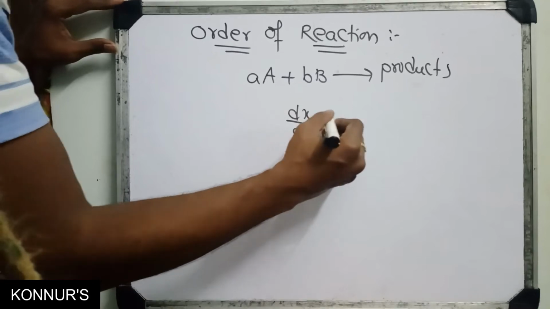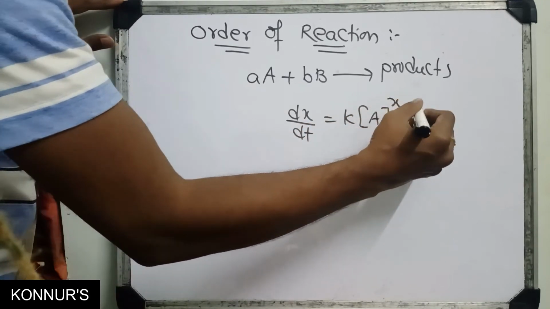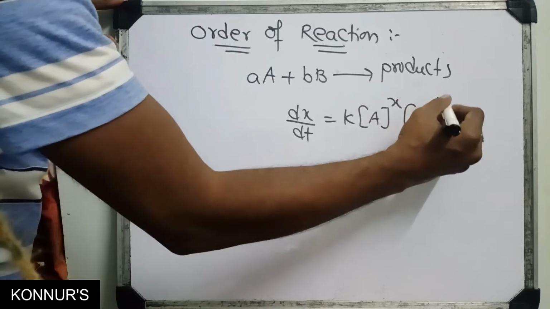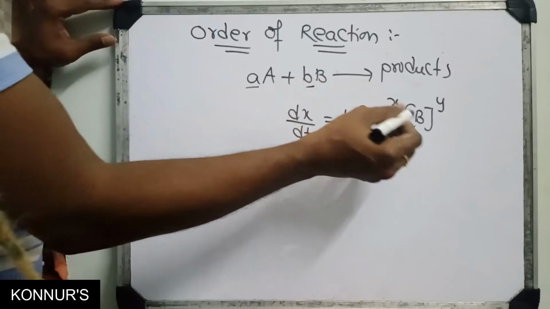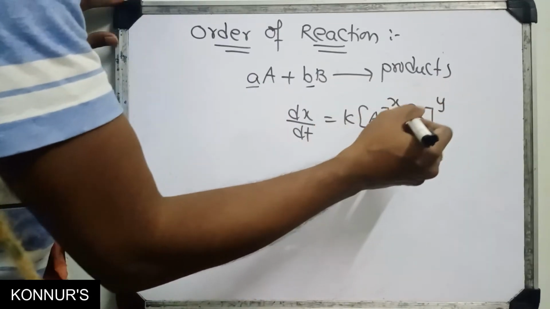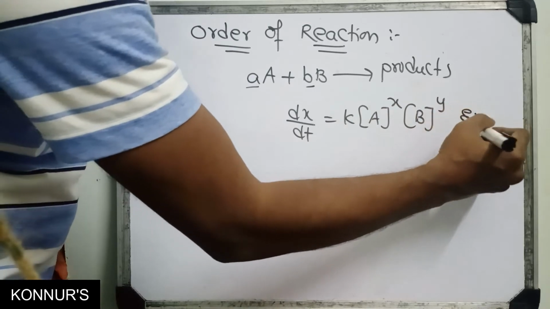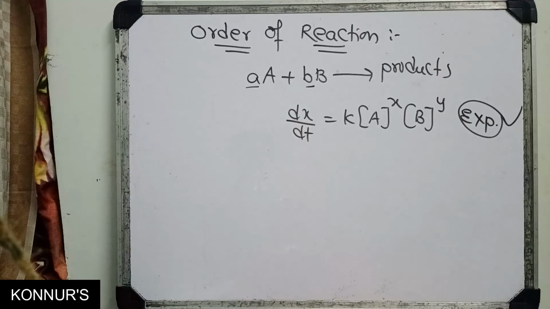Dx by dt equals K into A power x, B power y. It may be equal to a and b, or may not be equal; x and y come from experimental data only. It actually depends on experimental data only.